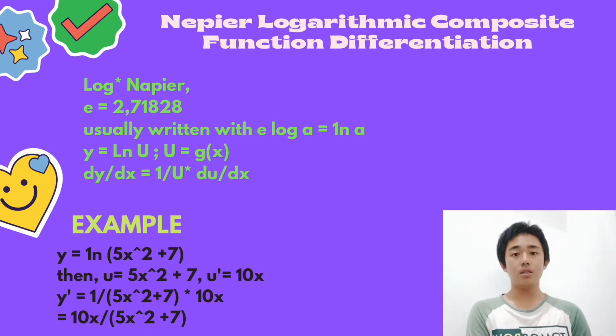So dy/dx equals 1 over 5x squared plus 7, times the derivative of u that we already found, 10x. The answer is 10x over 5x squared plus 7.